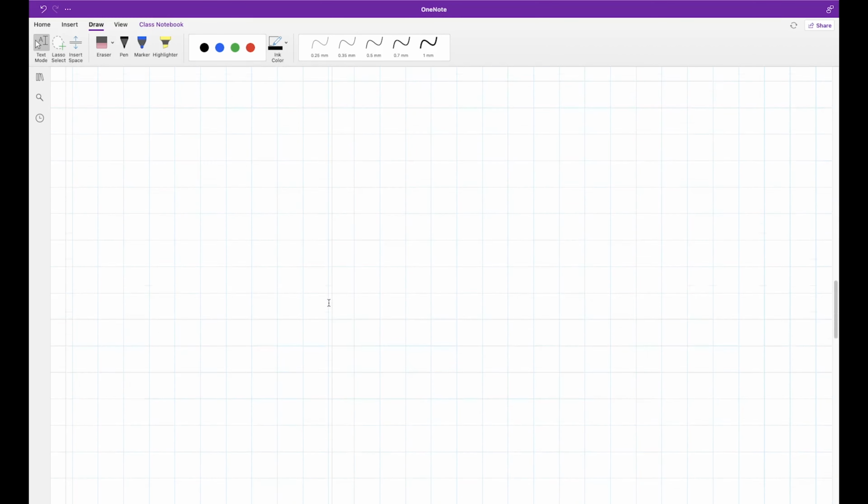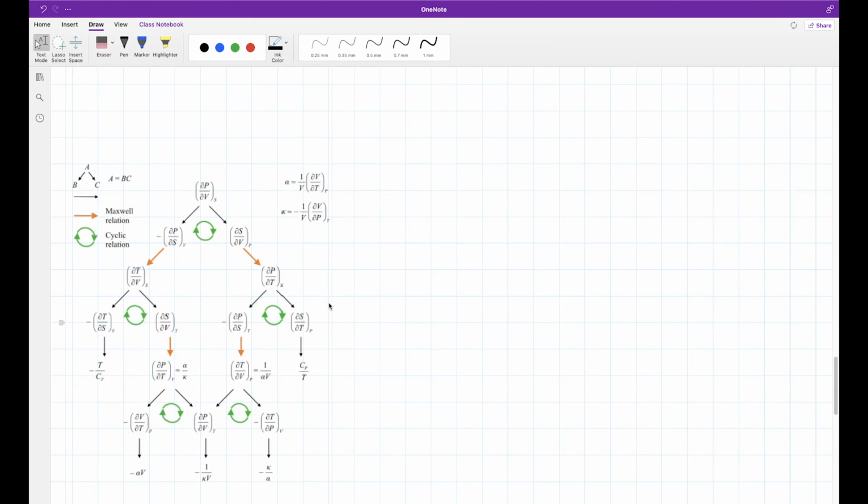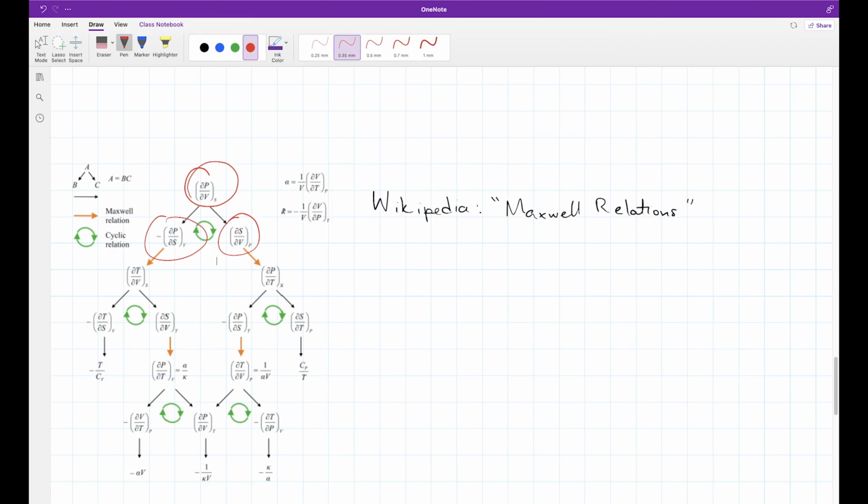In fact, I quite like this chart, which is from the Wikipedia page Maxwell Relations. That shows this relationship. So this derivative can be turned into a product of these two derivatives by the triple product rule. And you can convince yourself of that quite quickly.